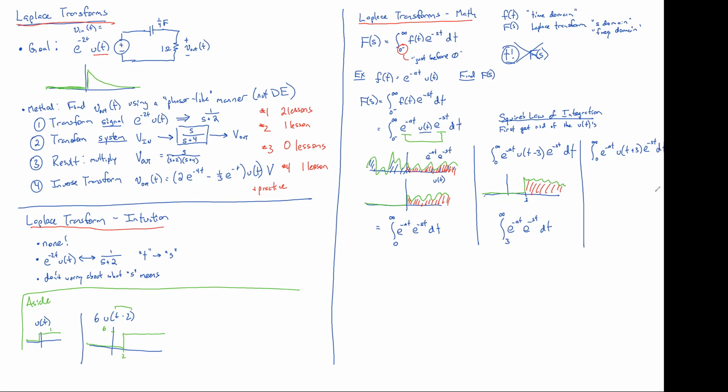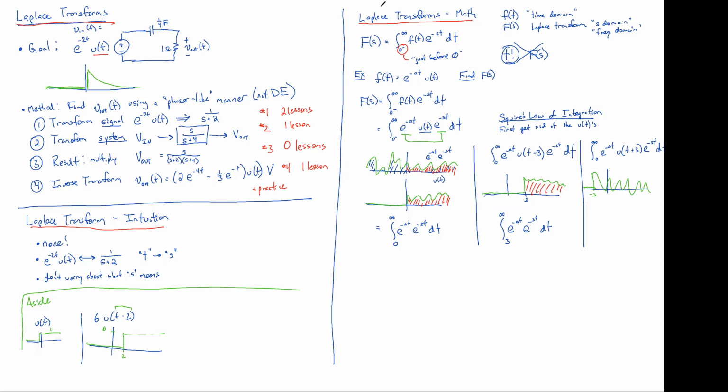All right, so what if instead we had the u of t plus 3? In other words, now, Jonathan, where does that one turn on? I would left shift it so you'd go from negative to infinity. That would be, so now it looks something like this.